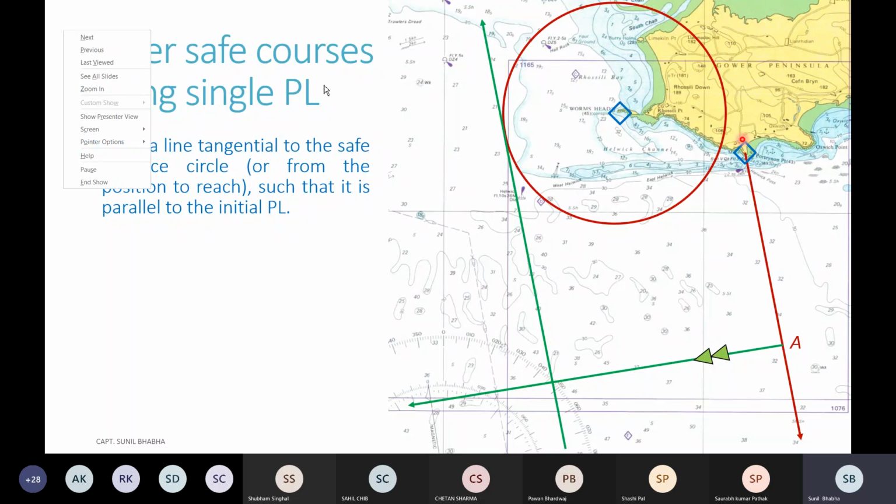Let us say they give us a particular position, somewhere here, where we have to reach. In that case, we will not be able to draw any circle on the chart because safe distance is not given. What we will have on the chart is a particular position. So how to draw this line in that case? If a position is given, you draw the parallel line passing through that particular position. Right, beta?